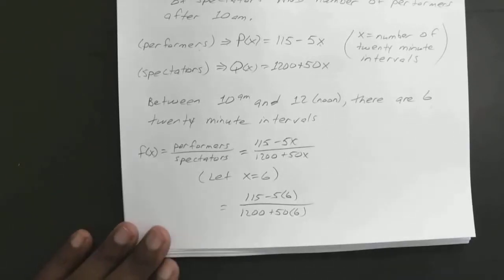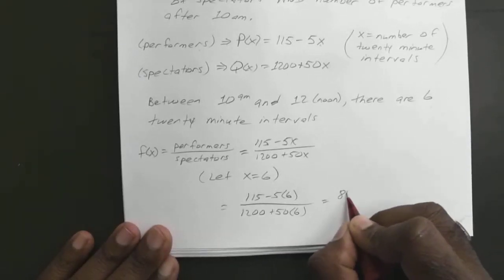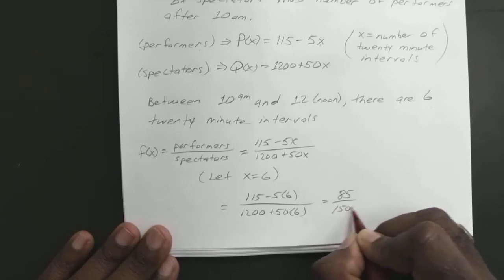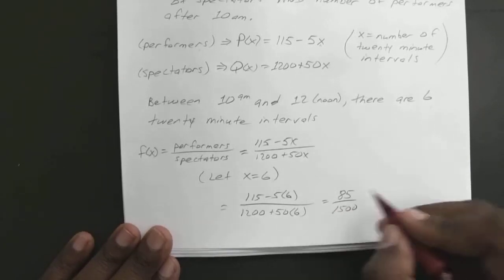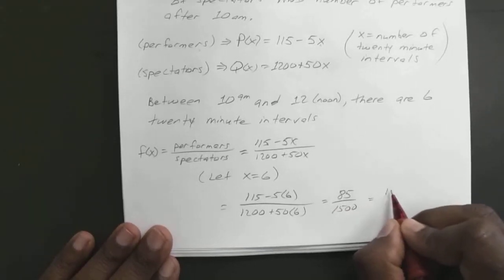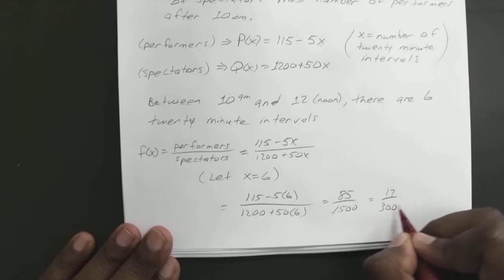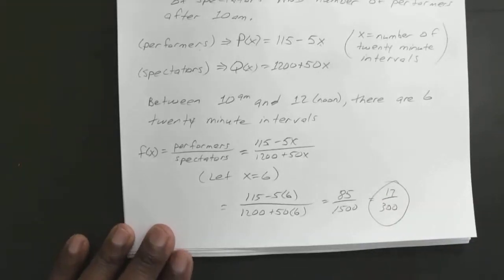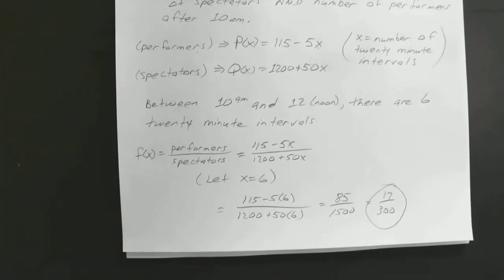Right. So that gives you 85 over 1,500. And if we divide both of those by 5, we end up with 17 to 300 ratio. Okay, so you have 17 performers per 300 spectators.